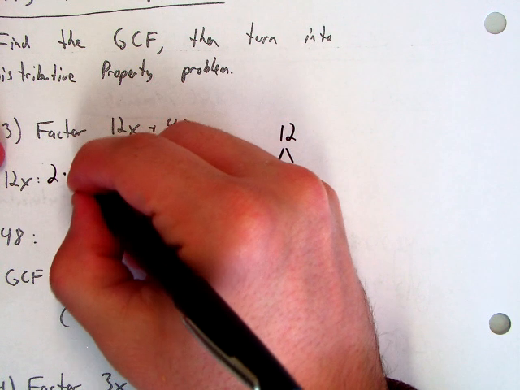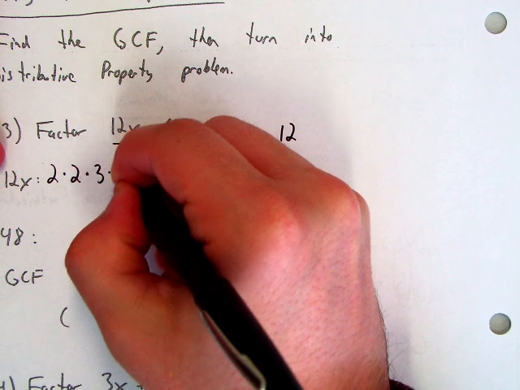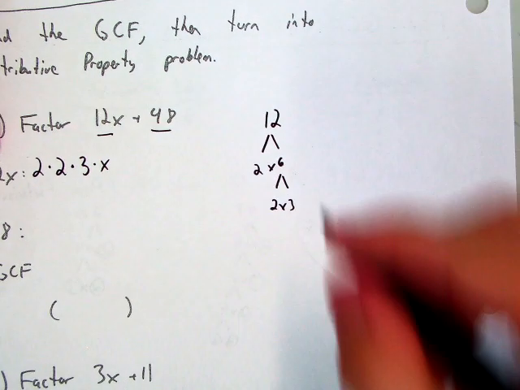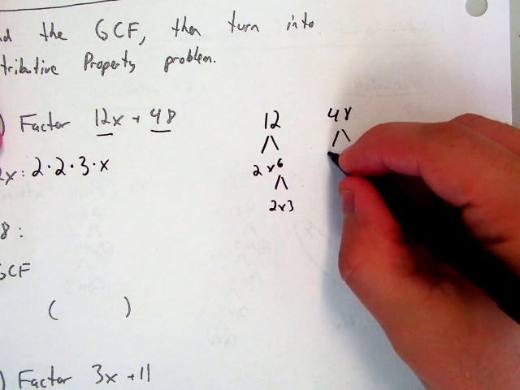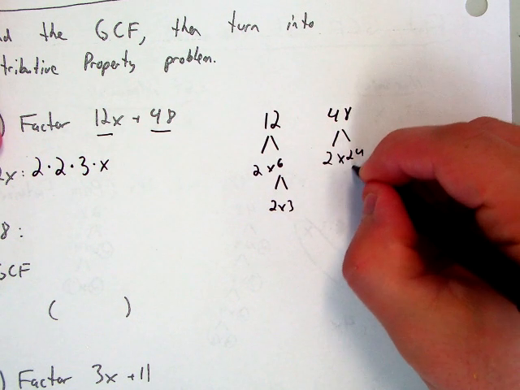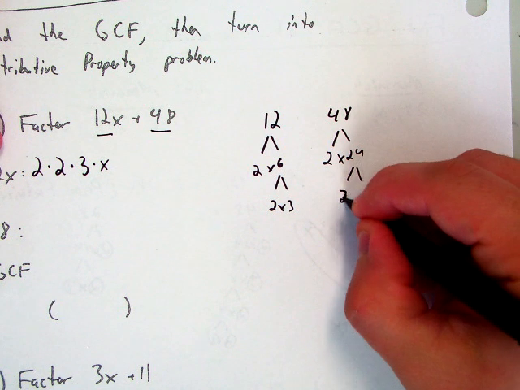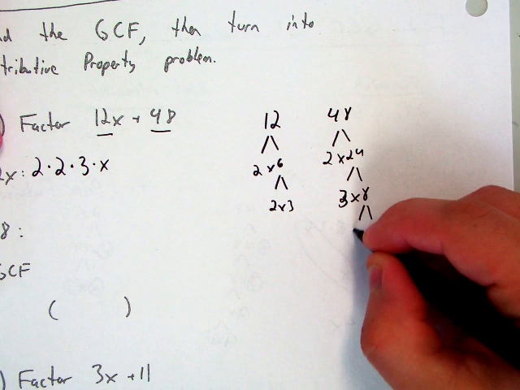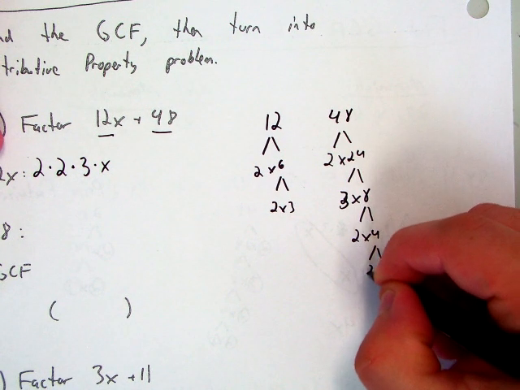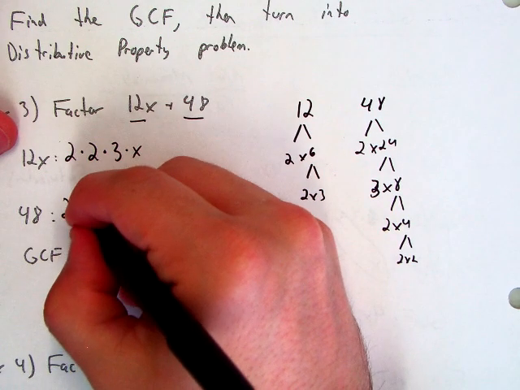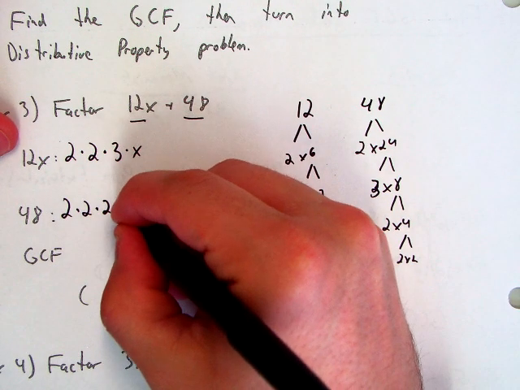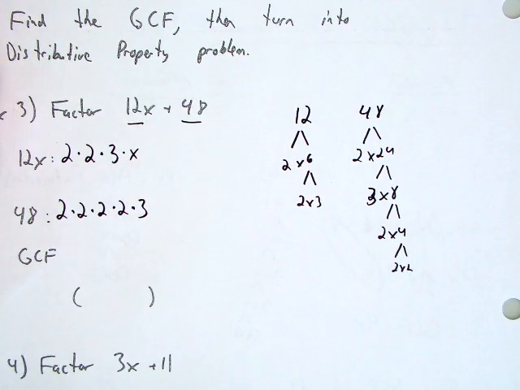So 12x would be 2 times 2 times 3 times x. 48 we've already done, but let's do it again anyway. So I can do 2 times 24. 24 would be 3 times 8. 8 would be 2 times 4, and 4 would be 2 times 2. So with 48, it's 2 times 2 times 2 times 2 times 3.